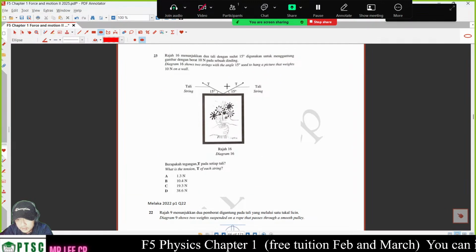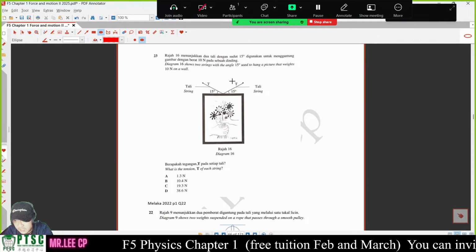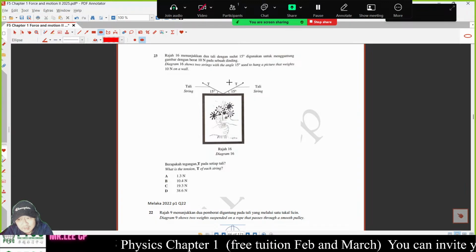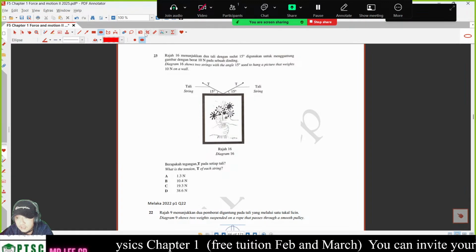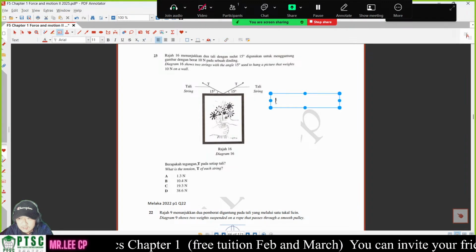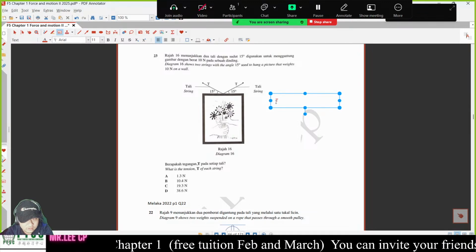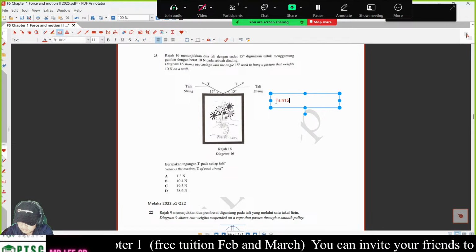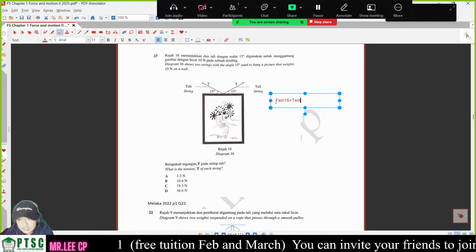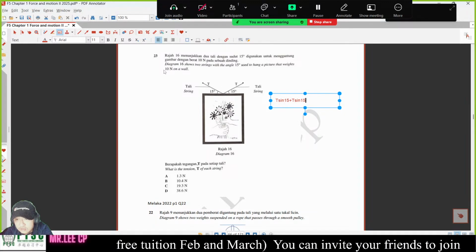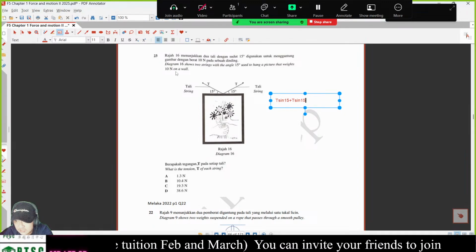Okay. Now, T and T, right? T bring to here, right? You see, T cos 50, T sin 15 plus T sin 15 is equal to the weight. Weight is 10 Newton.